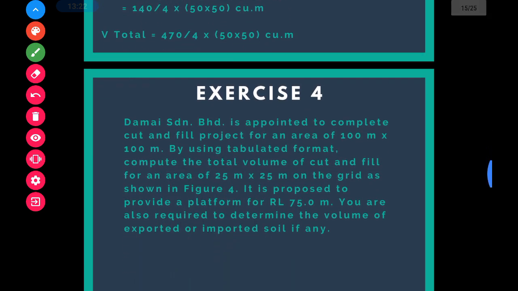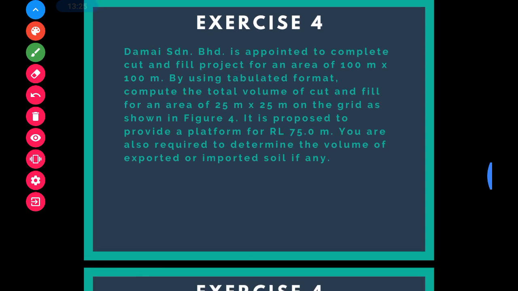Next, we move to exercise 4. Damai Sendirian Berhad is appointed to complete a cut and fill project for an area of 100 meter times 100 meter. So by applying tabulated format, compute the total volume of cut and fill for an area of 25 times 25 on the grid.